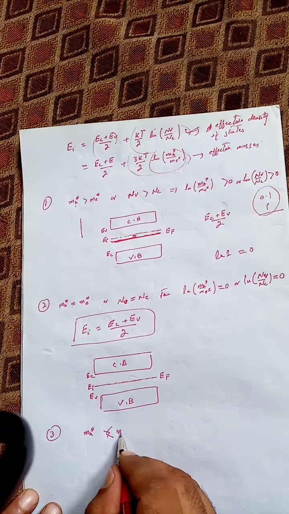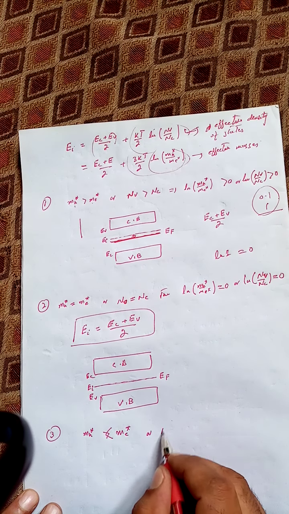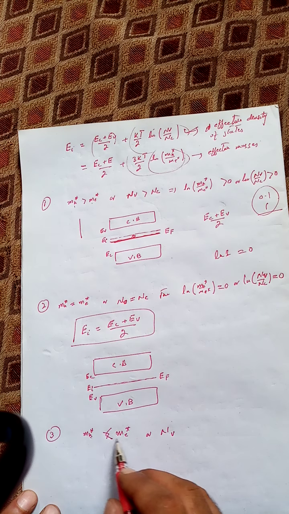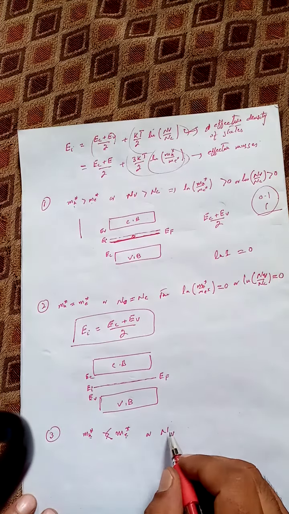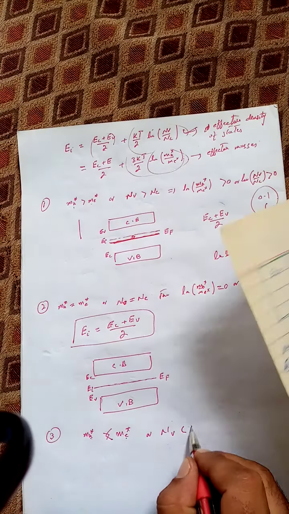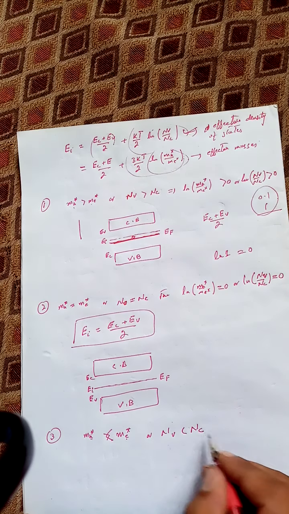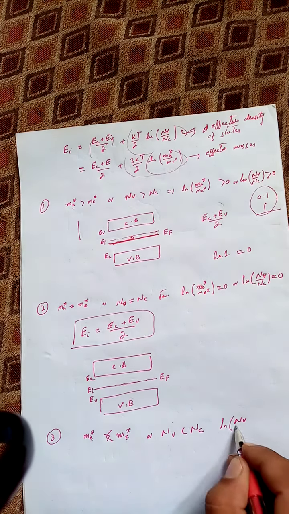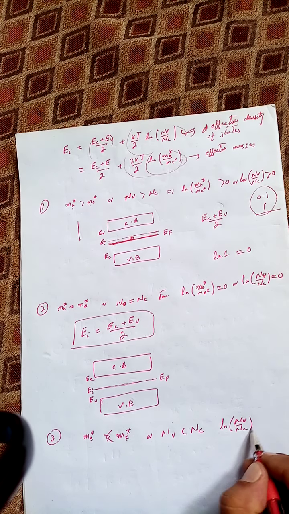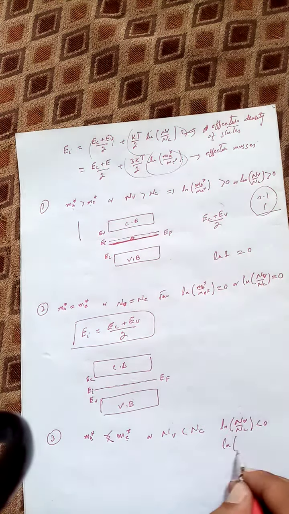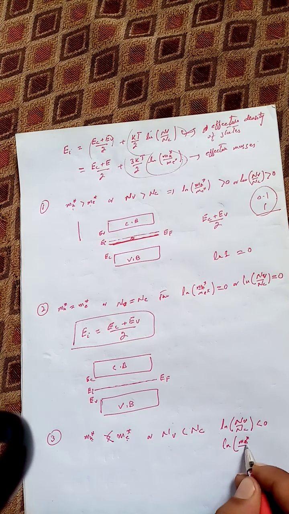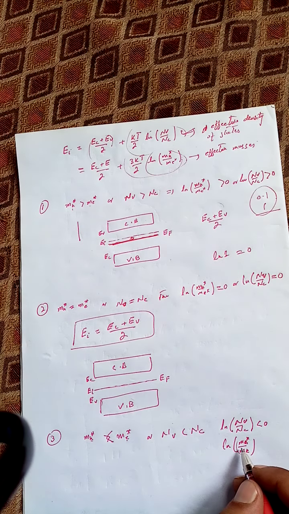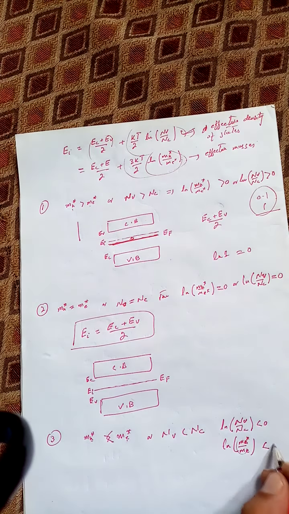Or the effective mass of holes is less than effective mass of electron, or effective density of hole is less than effective density of electron, then Nv over Nc, which is less than 1, will give ln less than 0.